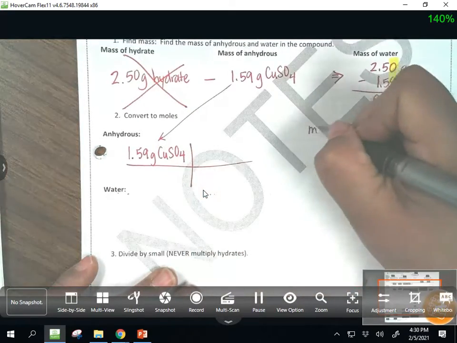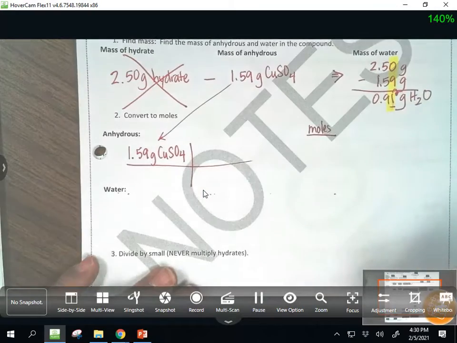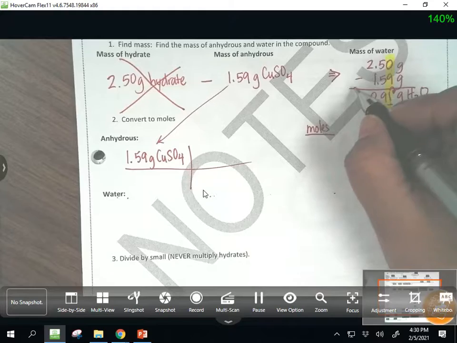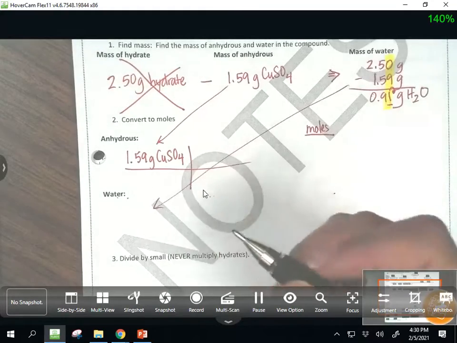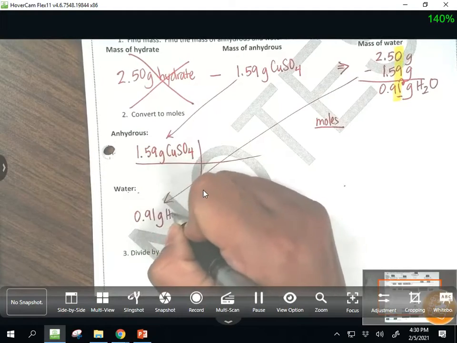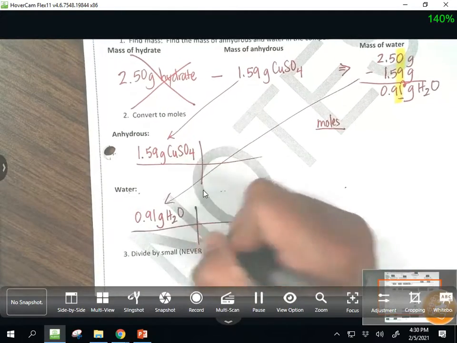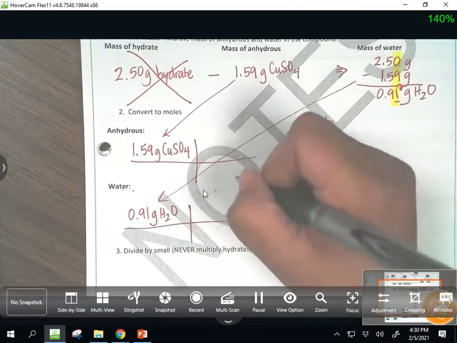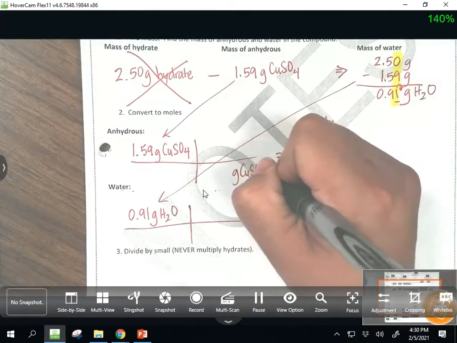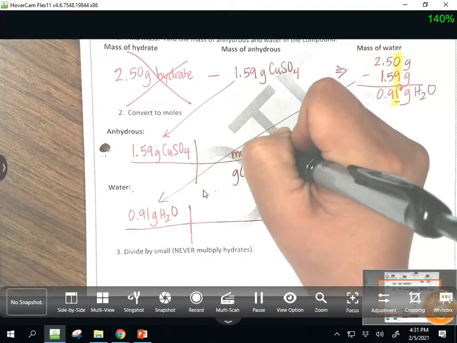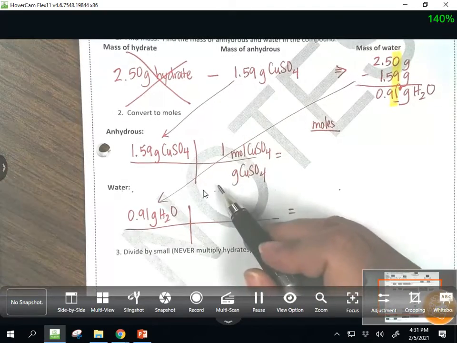Remember, we're trying to find moles. Find the mass, convert to moles. I'm going to do the same thing with the water, 0.91 grams of H2O. So we're going to find moles of both. I'm going to put grams of CuSO4 down here, mole of CuSO4 up here. One goes with the molar mass here.